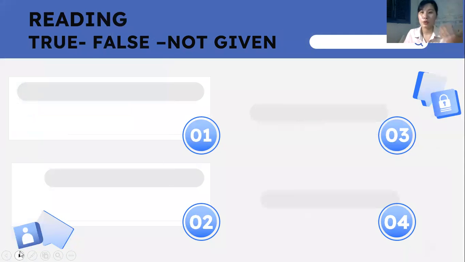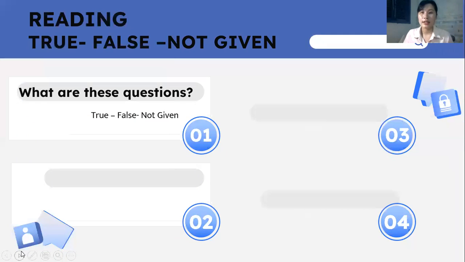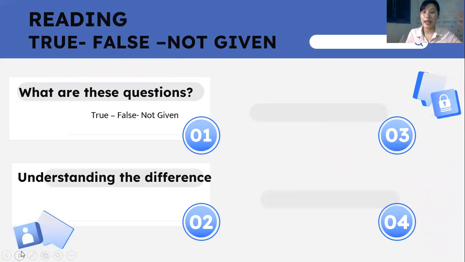First, you have to know what these questions are: true, false, and not given. Second, you have to understand the difference between true, false, and not given, and I will show you the difference for the answer.